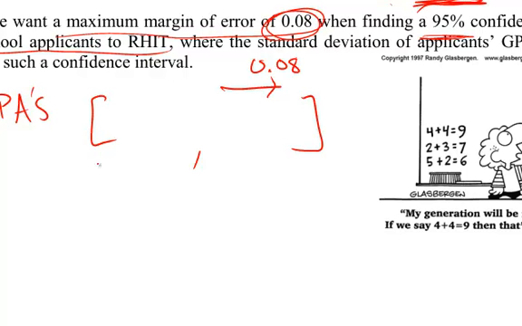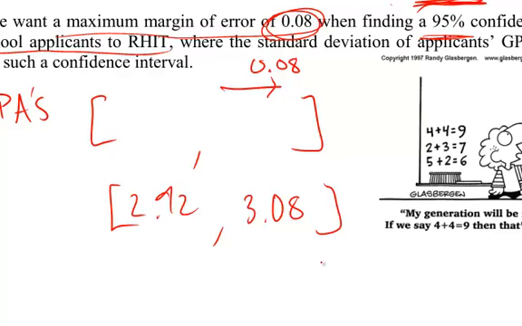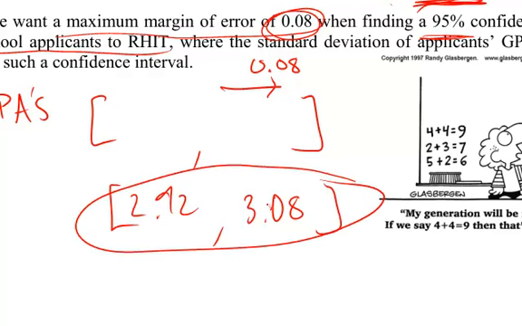Let's just say the true mean mu was a 3 point something. At most I would want to err from what the truth is by 0.8 in each direction. So I want an interval that's at least this tight.